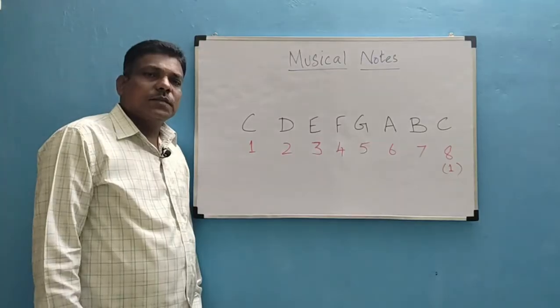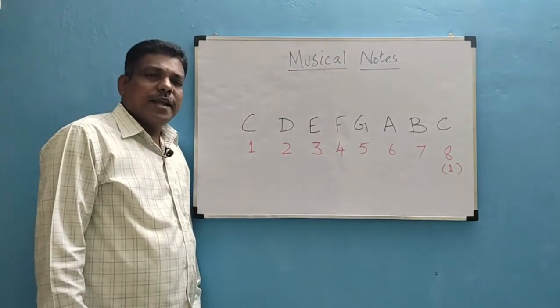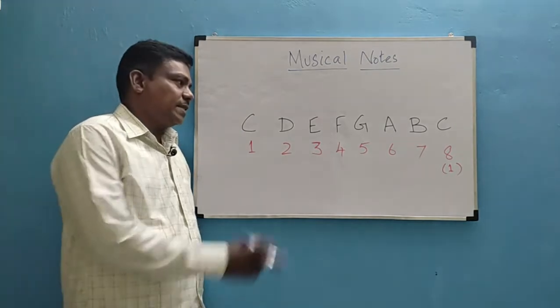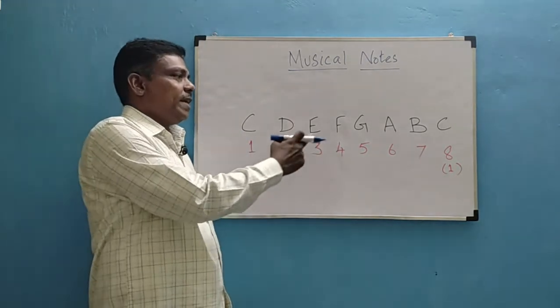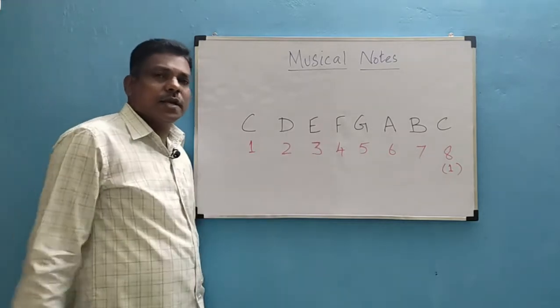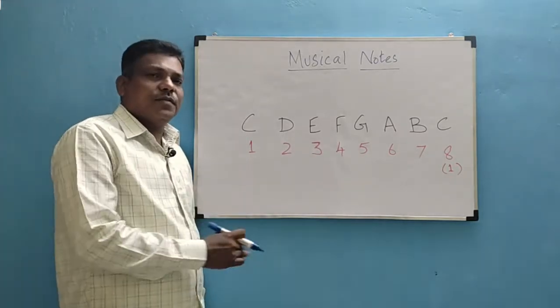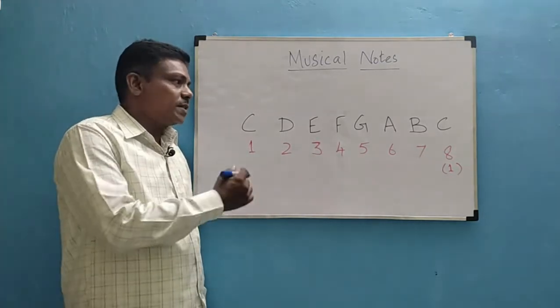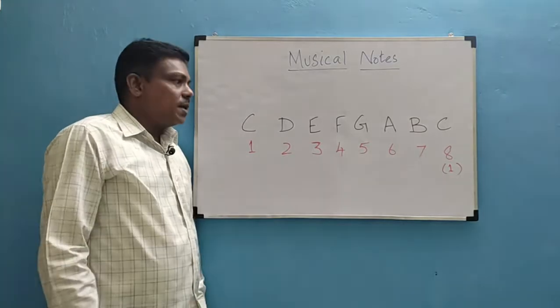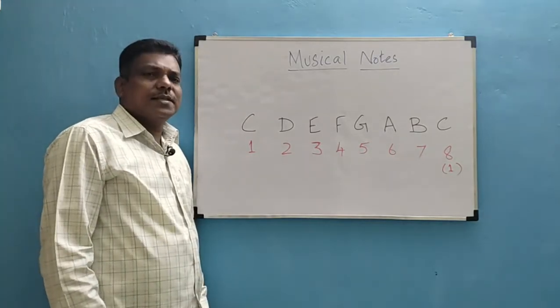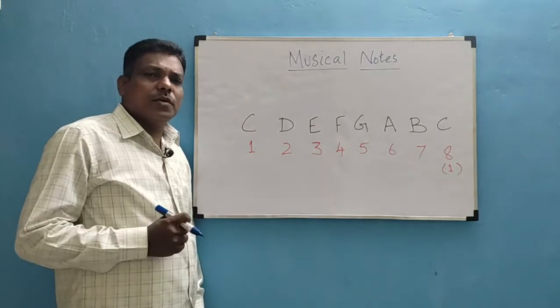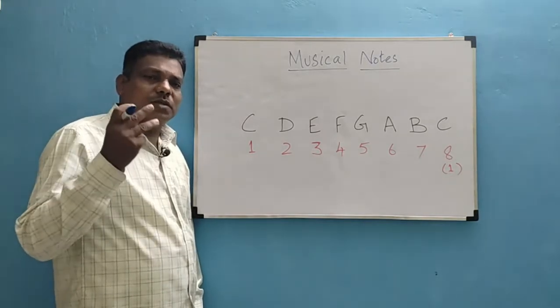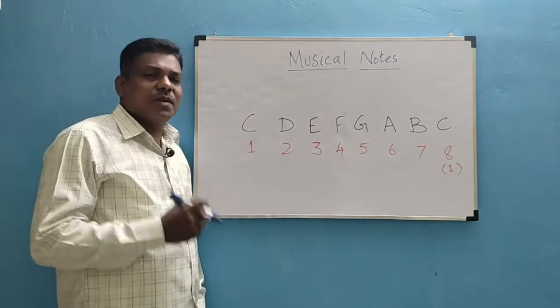So we learned the names of musical notes in English. This is the order of musical notes in English: C, D, E, F, G, A, B, C. There may be a little confusion about how this order has formed. It is very simple. In Hindi, Tamil and others, to name the musical notes, they pulled letter names here and there from the alphabets.